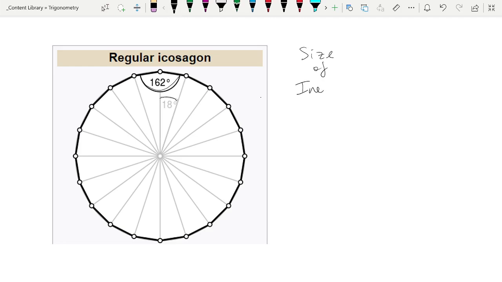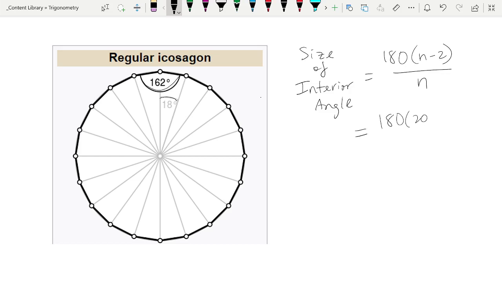Interior angle. And the formula was that you take 180 times n minus 2 and divide by n. So let's try that. 180 times 20 sides minus 2 divided by 20. I would have to go 180 times 18 divided by 20.